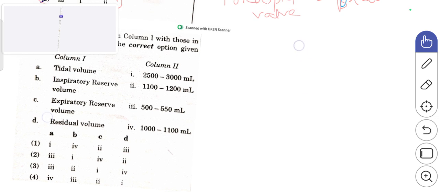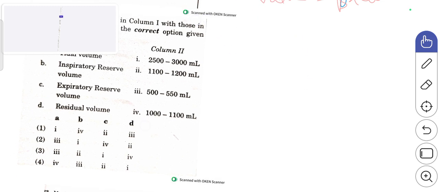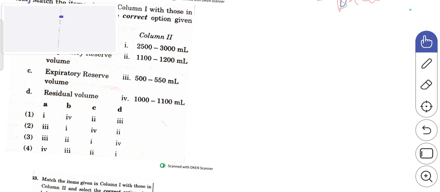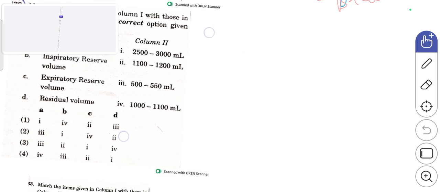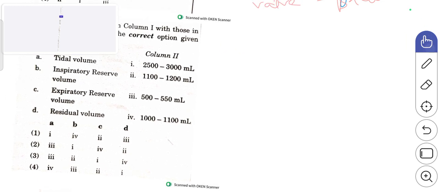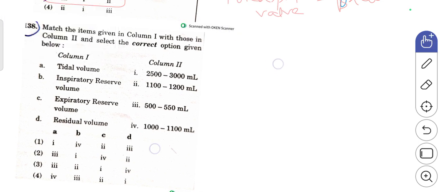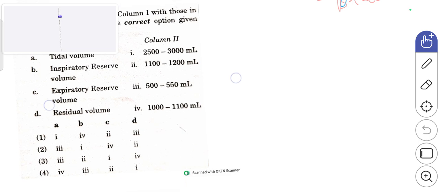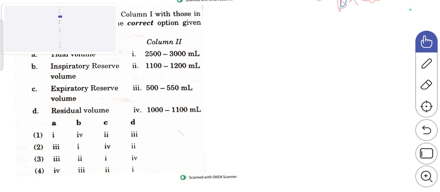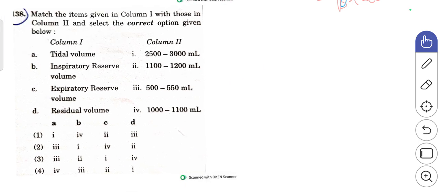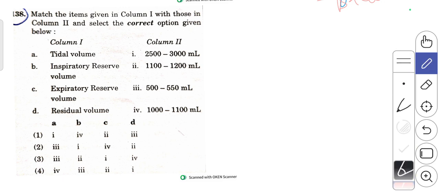So next question. It is from the chapter breathing and exchange of gases. In breathing and exchange of gases you will come across different terms like tidal volume, inspiratory reserve volume, expiratory reserve volume, then residual volume.